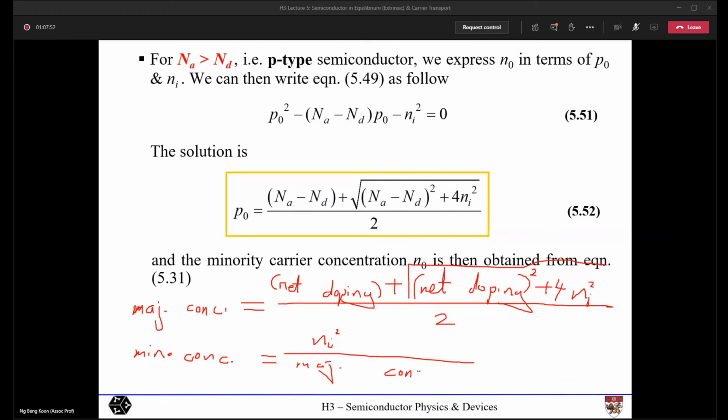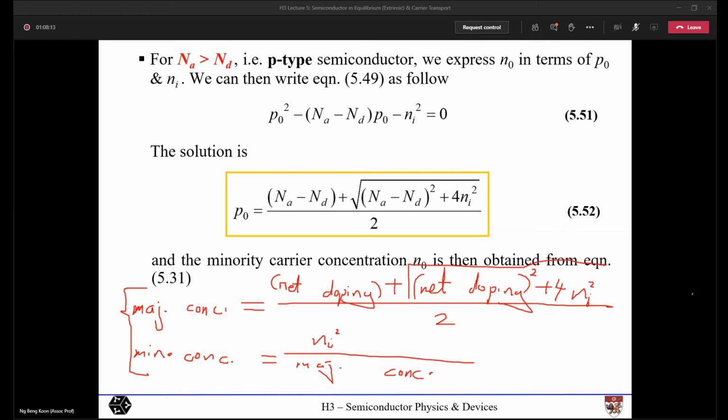Okay, so if you generalize the solution for N and P type, then that's the solution you're going to get. Okay, so you can choose to remember this solution form, or if not, you can just derive it on the spot where you need it.